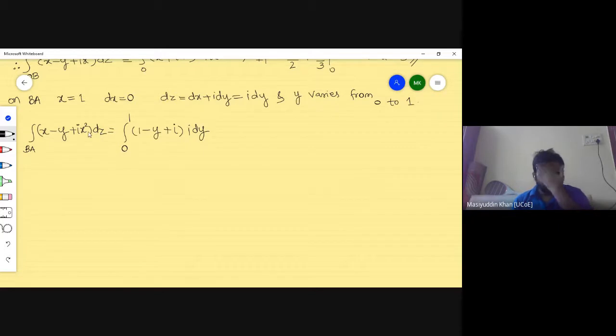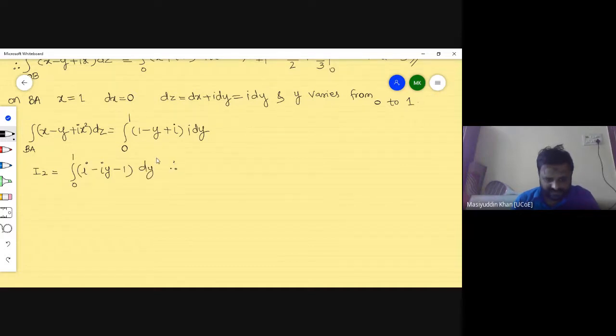So what we have to do in the next step, I'm just taking this as I2. I2 is equal to integral 0 to 1. We just have to multiply this part, so i minus i y and minus 1 into dy.